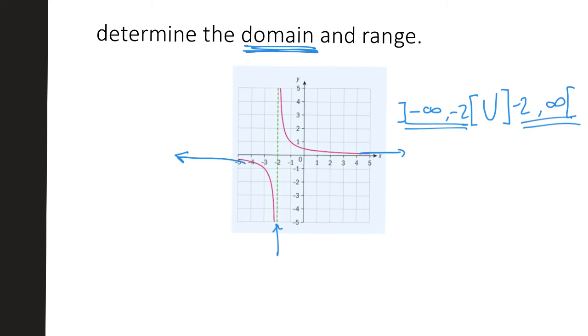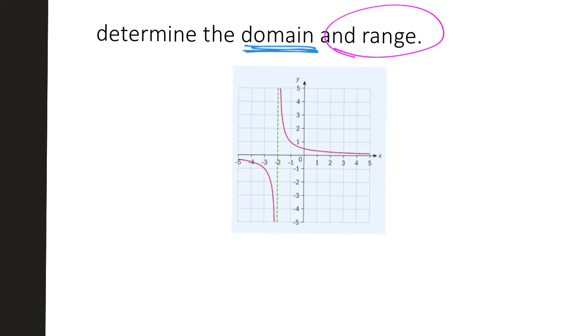Now if I switch colors and we do the range, you can see it does something similar. Let me get rid of some of this stuff. Sorry, it's going to get rid of the whole answer. So if I do the range in pink, this time I'm looking at the y values. This keeps going down forever.